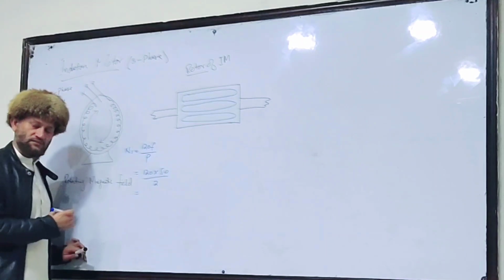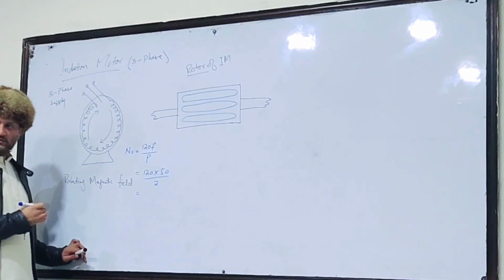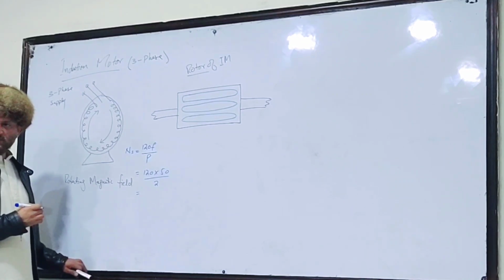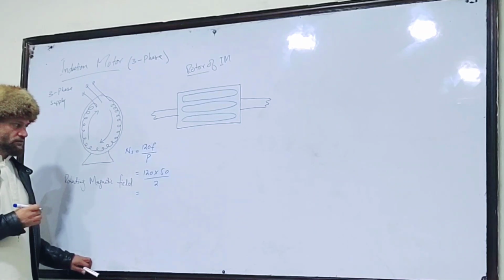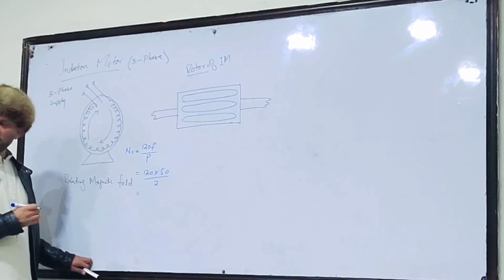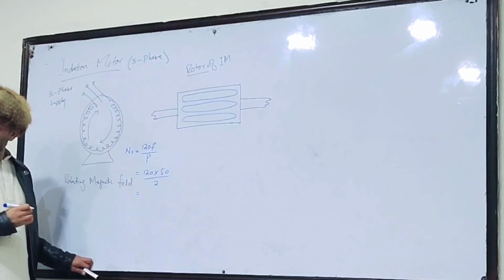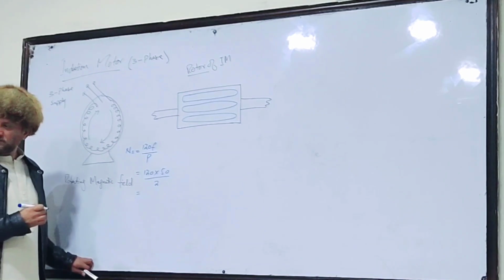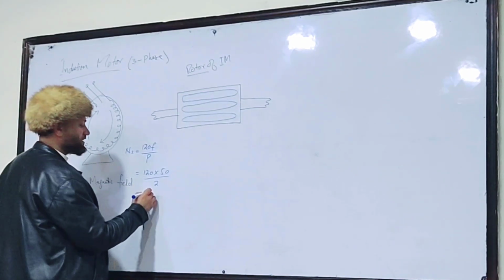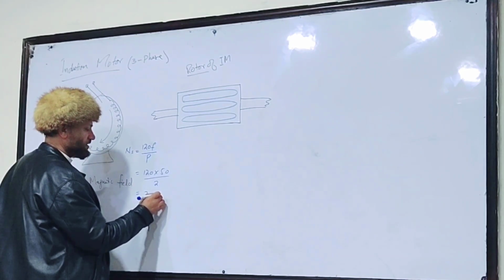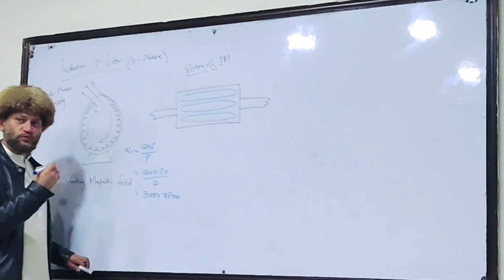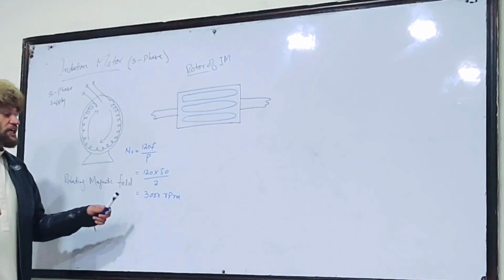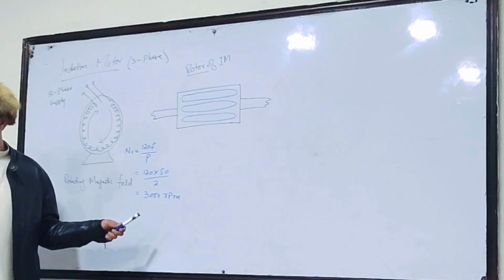So how much is this? 3,000 RPM, that is revolutions per minute. 3,000 revolutions per minute.